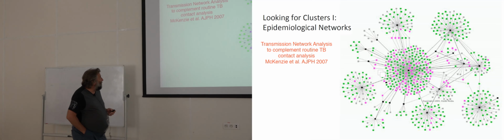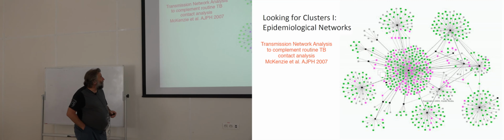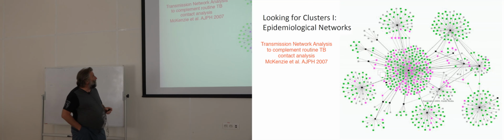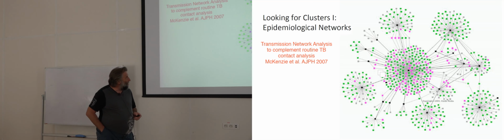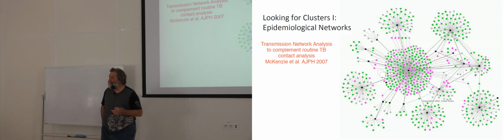So we've got Epidemiological Networks. This comes from the American Journal of Public Health from 2007. They talk about using transmission network analysis to complement routine TB contact analysis. And that's a graph of a tuberculosis outbreak in Oklahoma in 2002. It's patients that have been infected and their contacts.